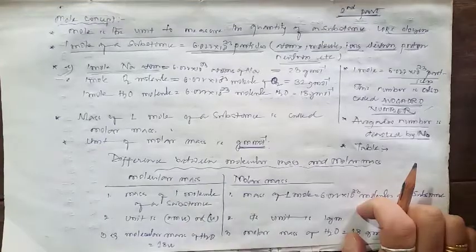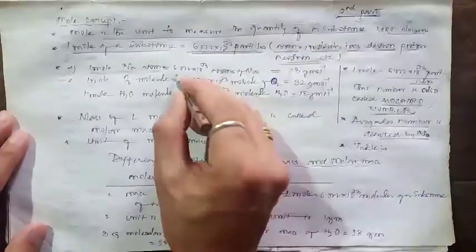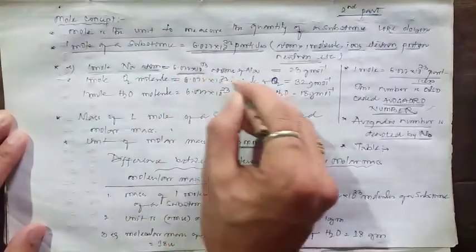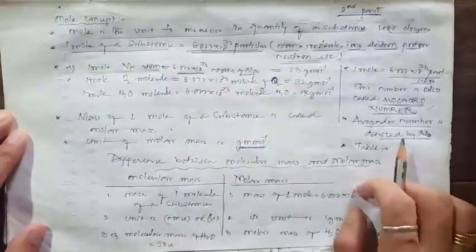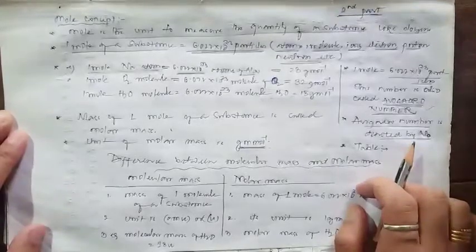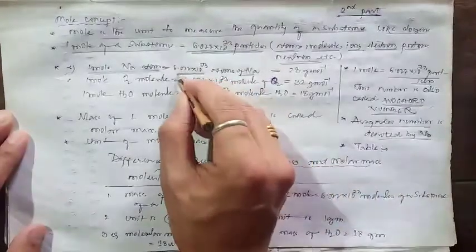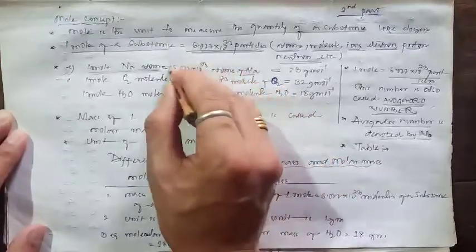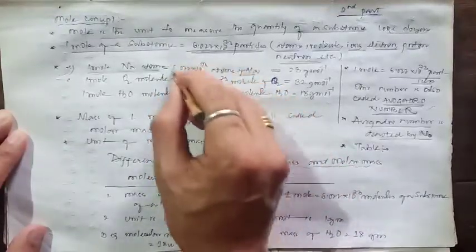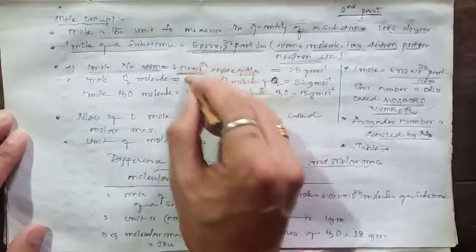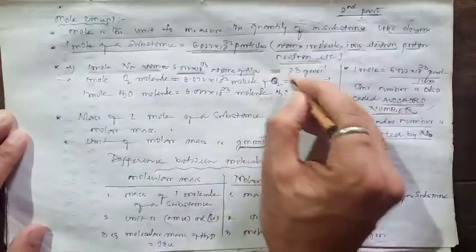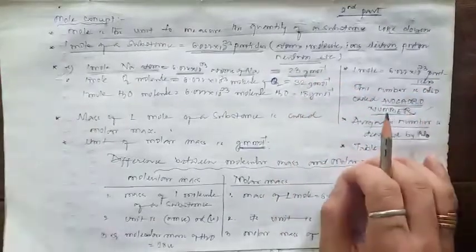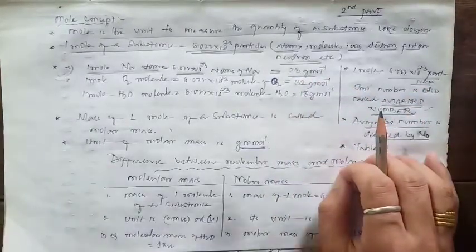So when I say 1 mole of sodium atoms, it means that sample contains the Avogadro number of particles of sodium atoms: 6.022 times 10 to 23 particles. And students, pay attention: this 1 mole of sodium atoms, which equals 6.022 times 10 to 23 particles, also equals 23 gram. That's the relation between mole, particle and mass.